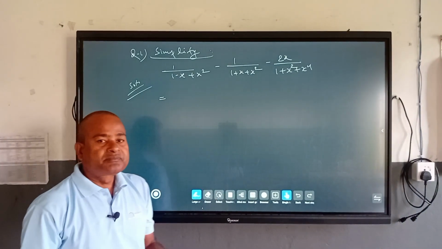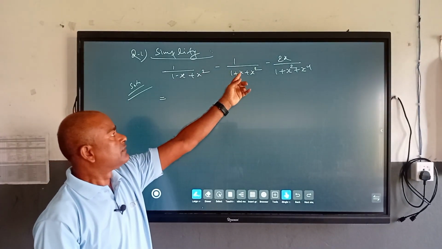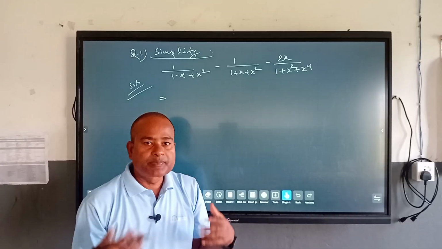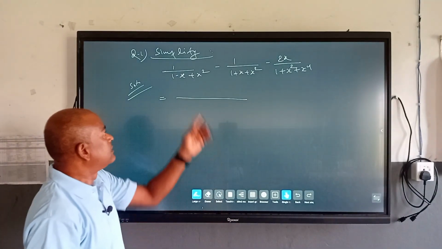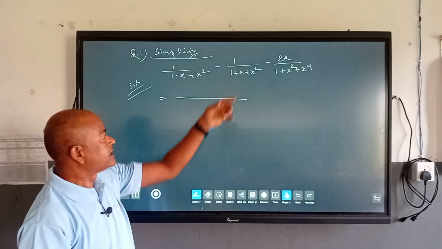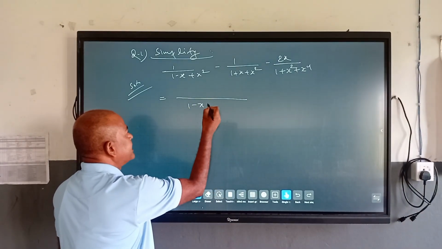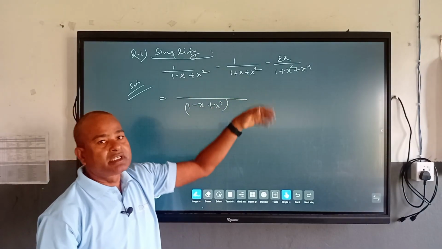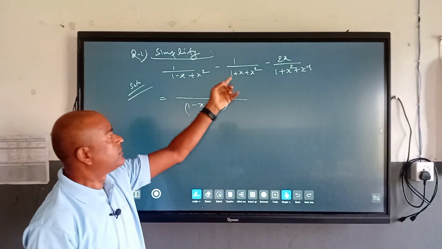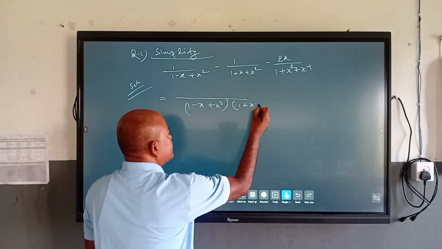Dear students, at first we'll take the LCM of the first two rational expressions, with denominators 1 minus x plus x square and 1 plus x square.